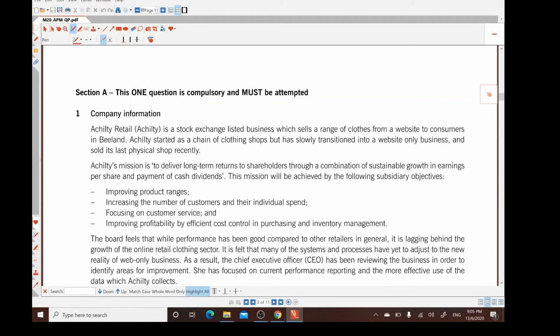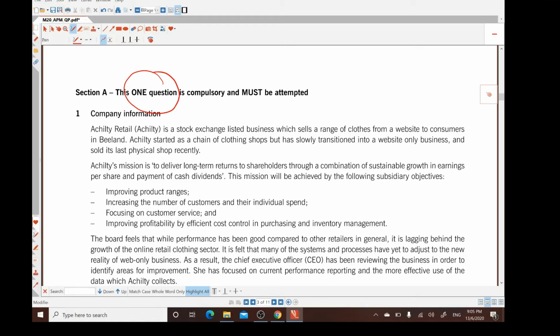So we'll have a look at section A first. Always remember, we find that this section A is only one question to be attempted, and it's compulsory and must be attempted in this case. That's the class.